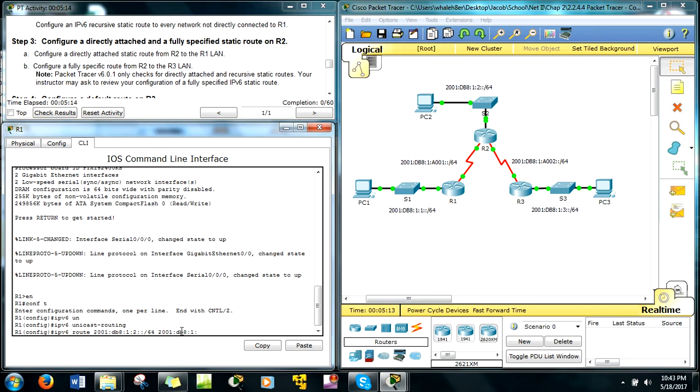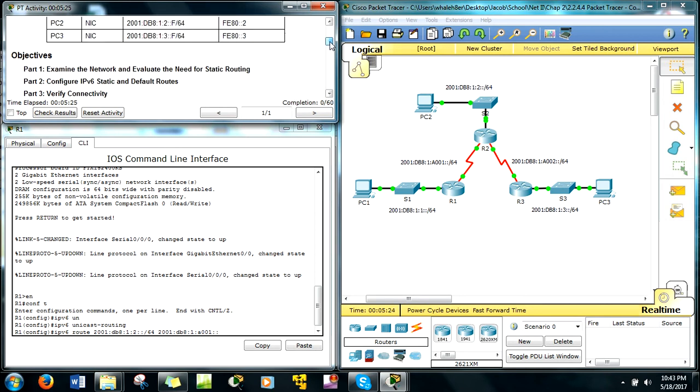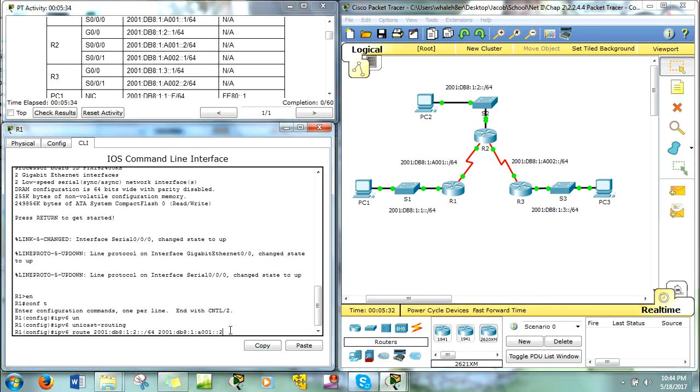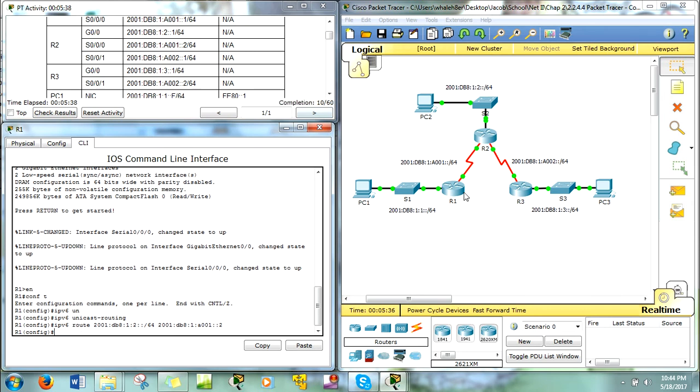We're using the network address A001. And let's see, this is a 000, what does our addressing table say? So for the 000, it is a ::2. We don't need to put in the slash notation 64. Press enter, and we get 10 points.